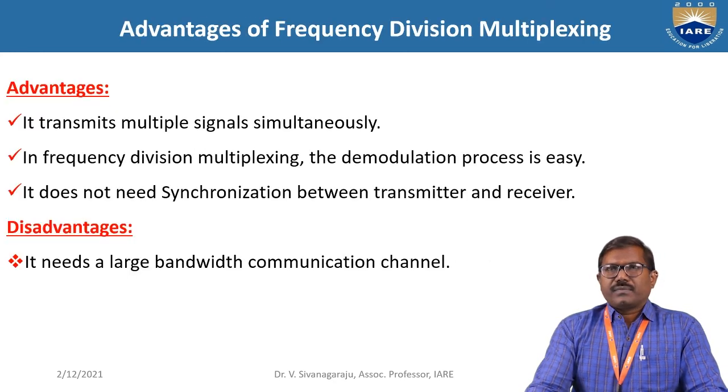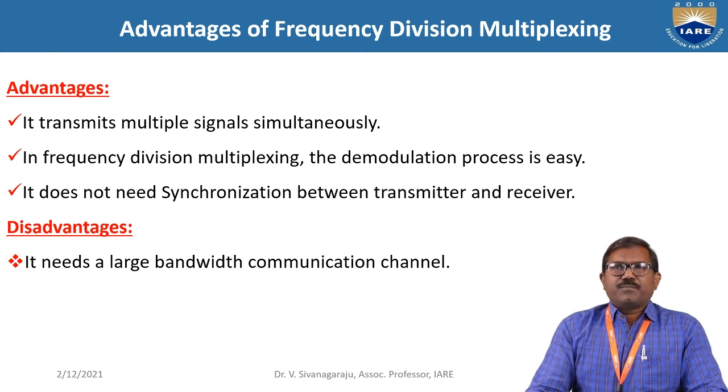So what are the advantages? It transmits multiple signals simultaneously, and in FDM the demodulation process is easy. Another advantage is that it does not need synchronization between transmitter and receiver.